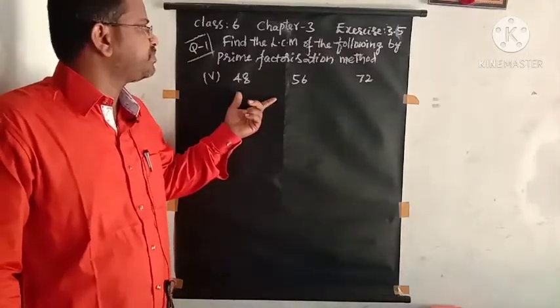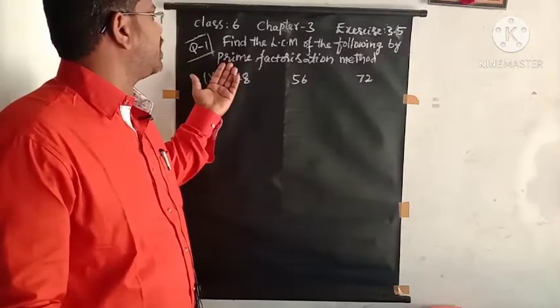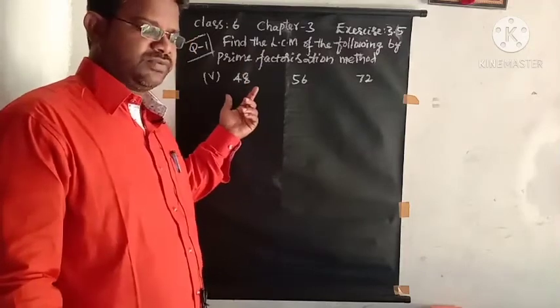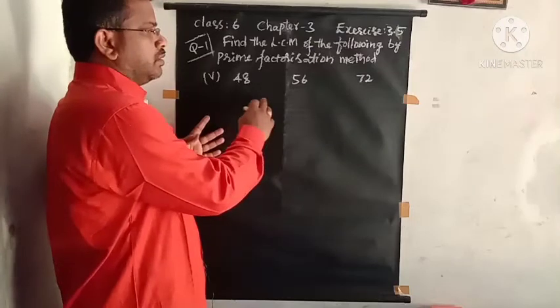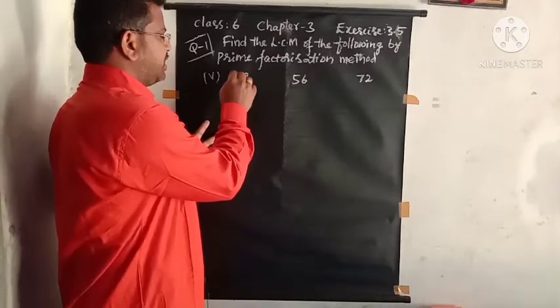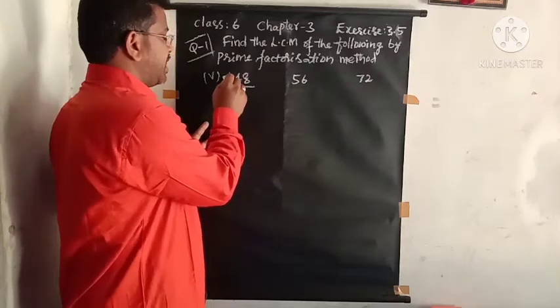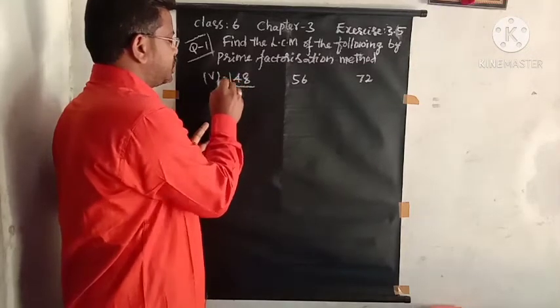So firstly, I would like to tell you that we will use the prime factorization method for finding the LCM. You know how to write the prime factorization. For 48, divide the given number by the least prime factor, that is 2.